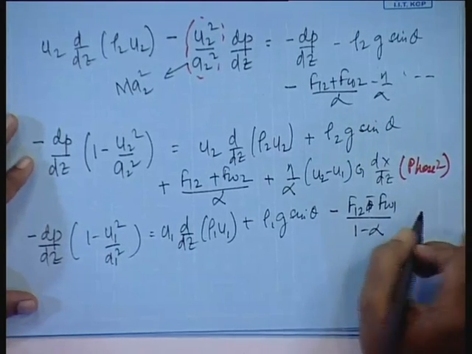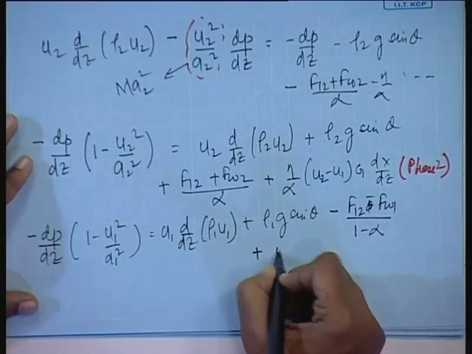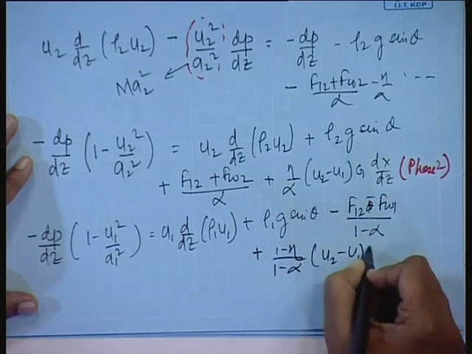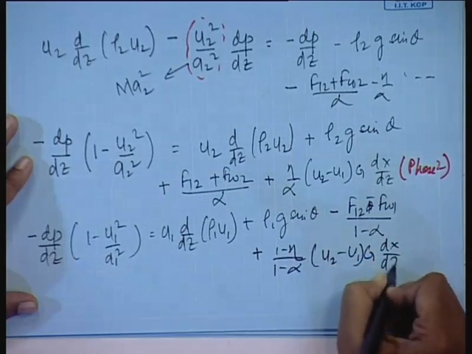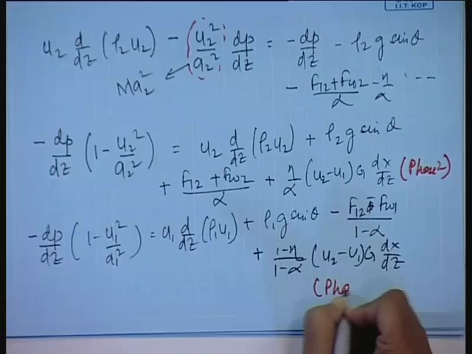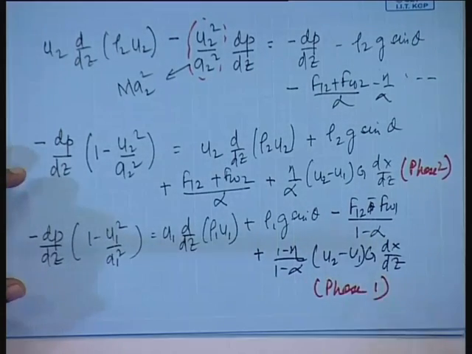This you have to keep into account. Again plus 1 minus eta by 1 minus alpha u2 minus u1 g dx dz. Same thing I have written down. This is for phase 2, this is for phase 1. Agreed? I can write down these two equations.